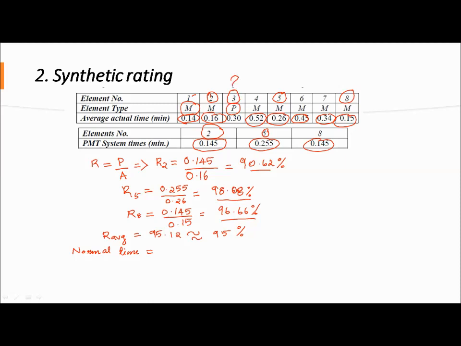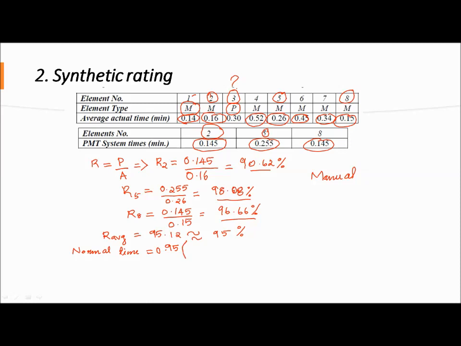Why did I do that? Because 3 is machine powered, the other ones are manual elements. So in this particular rating, which element do you consider? You consider only manual elements. That is very important when you are doing this particular problem. Okay, so you just consider 95% for the manual elements.